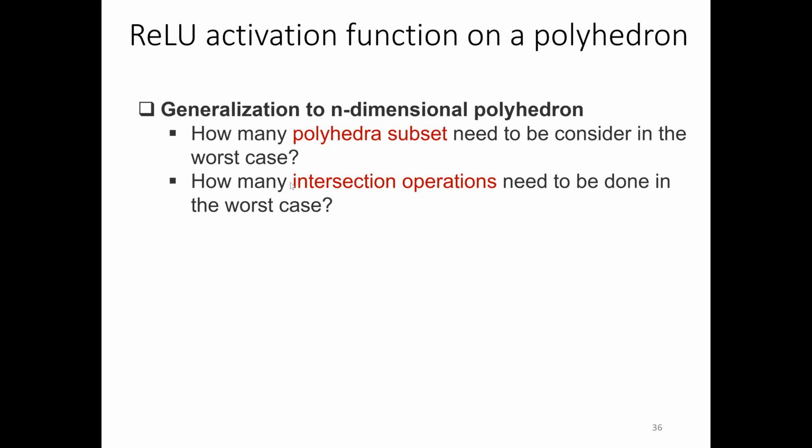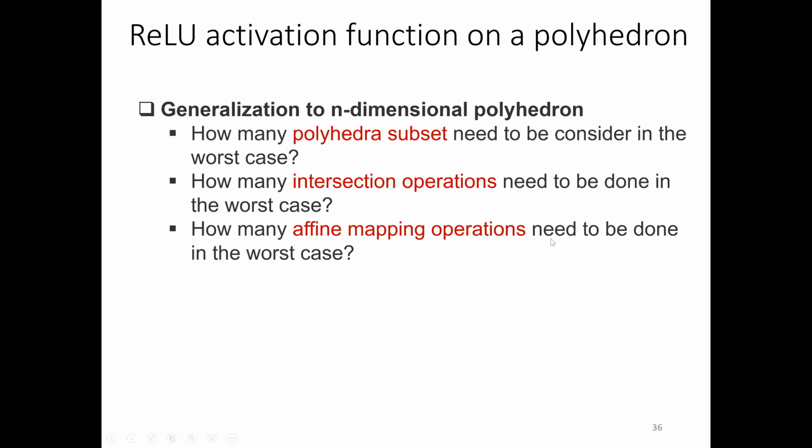The transformation between the H representation and V representation is expensive, okay? So that's why we need to ask this question. Just keep that in mind. And the number of ReLU mapping operations we need to do also grows exponentially, right?